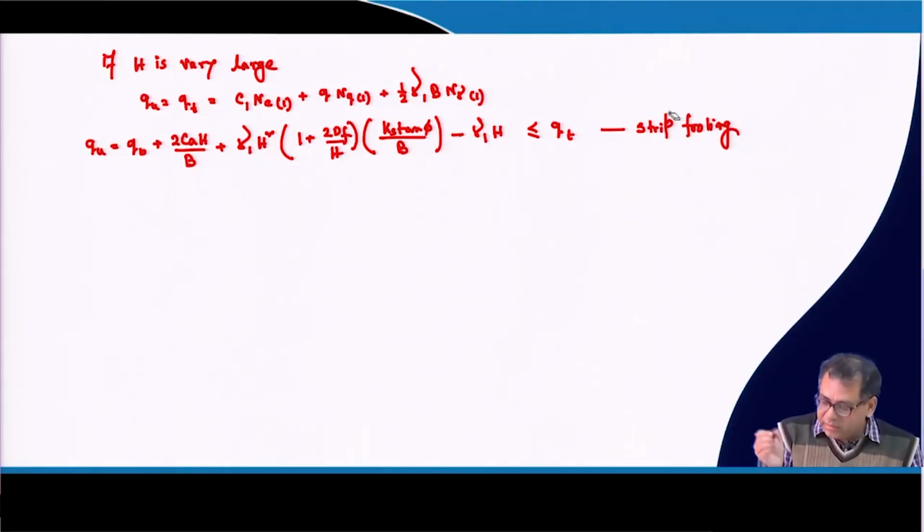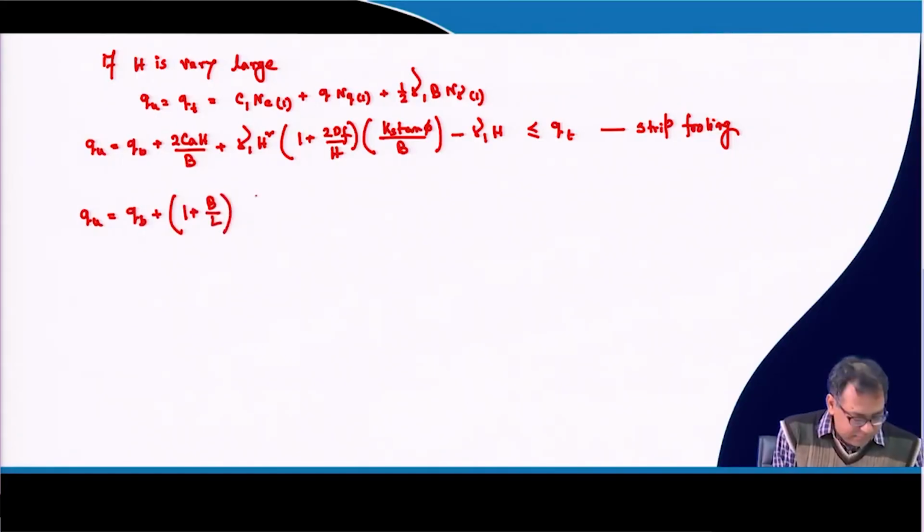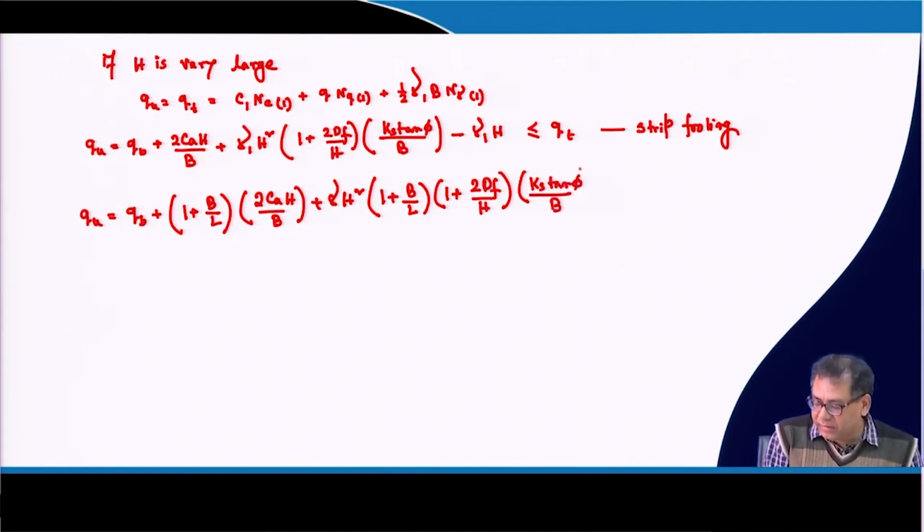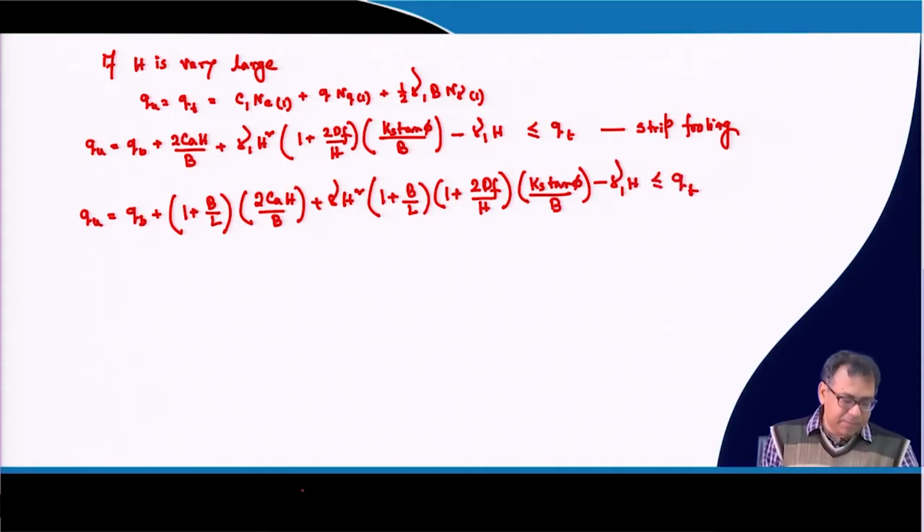Now, if I convert it for the rectangular footing, then qu will be qb plus (1 plus B by L) 2 Ca H divided by B plus gamma 1 H square (1 plus B by L)(1 plus 2 Df by H) Ks tan phi divided by B, minus gamma 1 H, that should be less than qt.